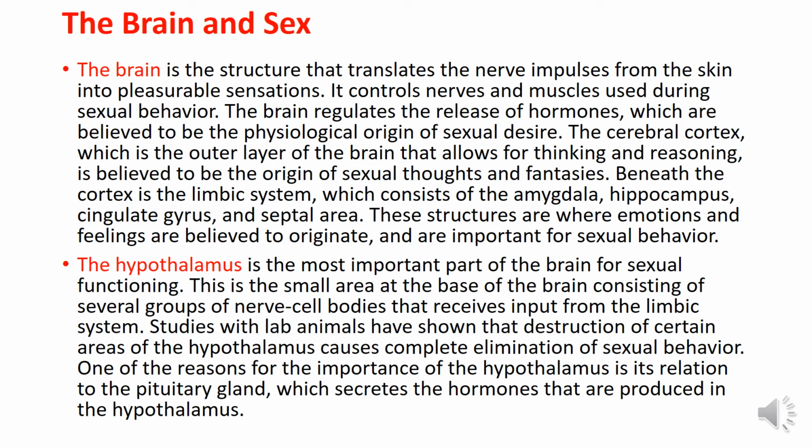Studies with live animals have shown that destruction of certain areas of the hypothalamus causes complete elimination of sexual behavior. One of the reasons for the importance of the hypothalamus is its relation to the pituitary gland, which secretes the hormones that are produced in the hypothalamus.